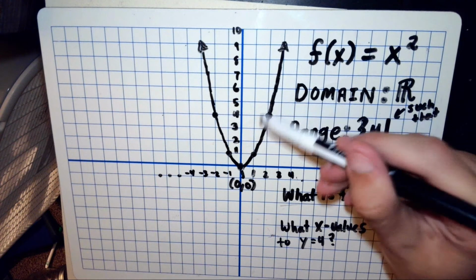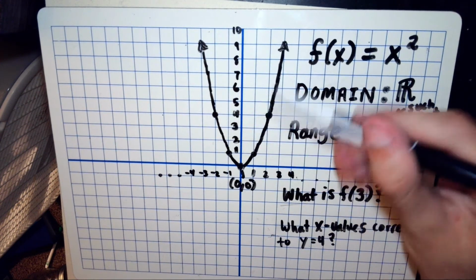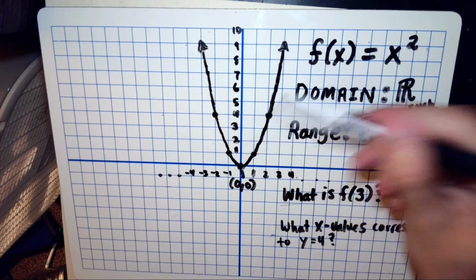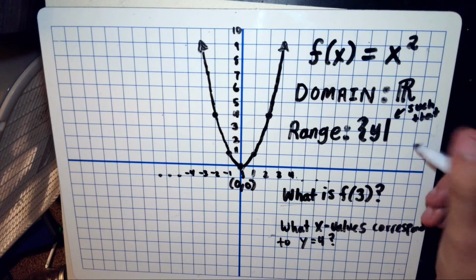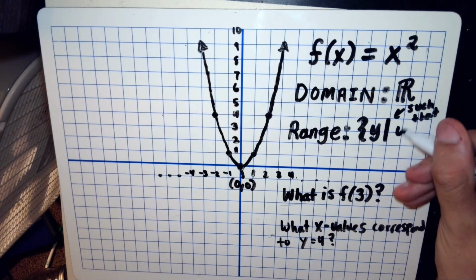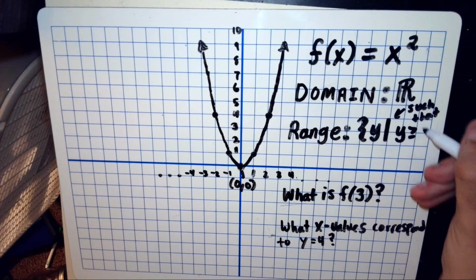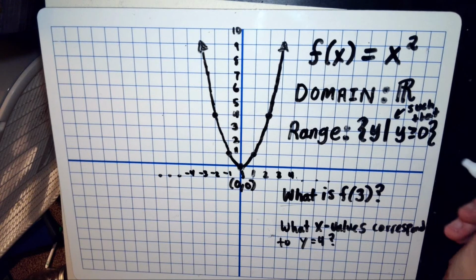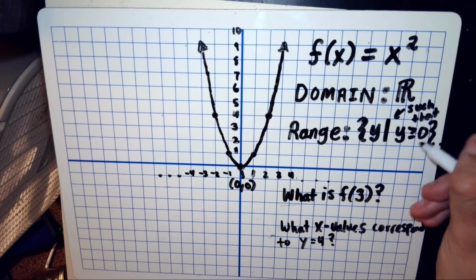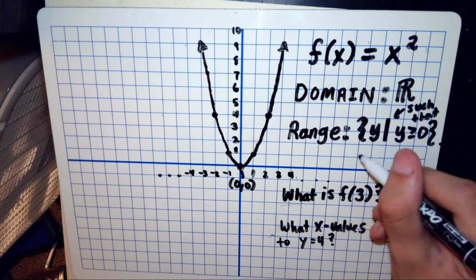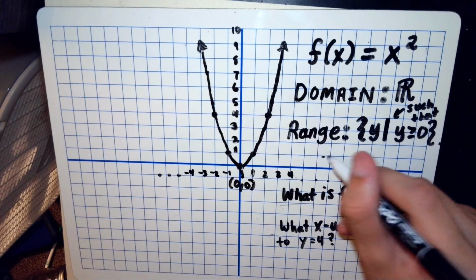So this thing is going to increase to infinity, essentially. So what we'll say is that this is the set of y values such that y is greater than or equal to 0, right? The lowest it could be was 0. On a number line, it would look like this for the range.